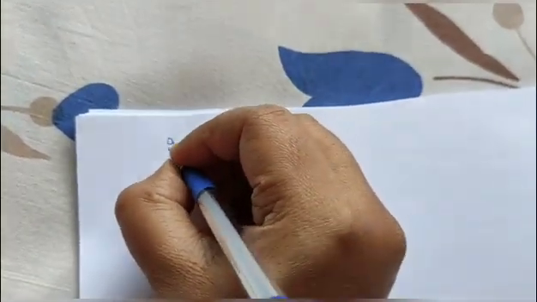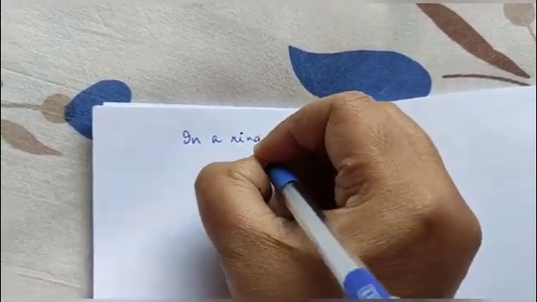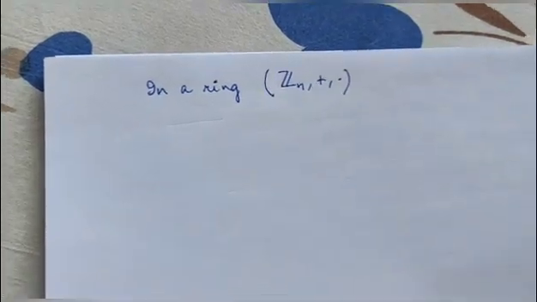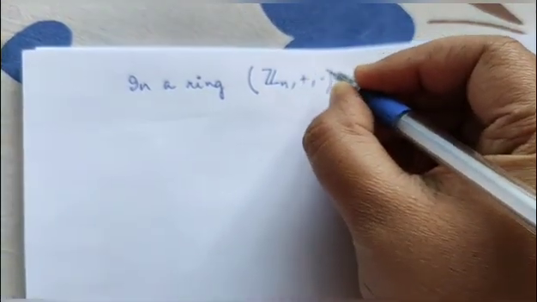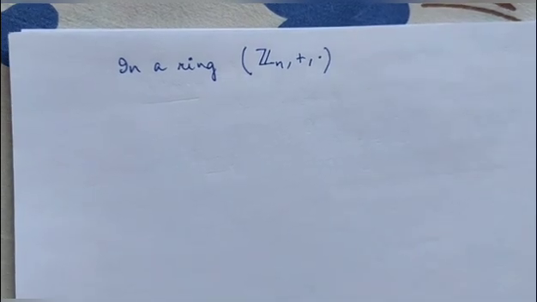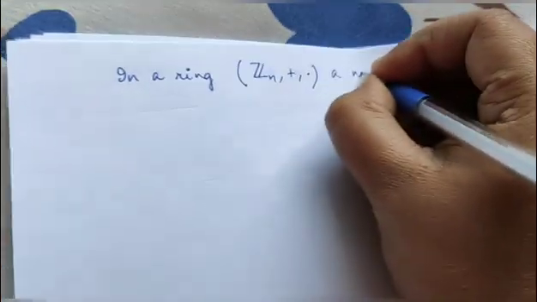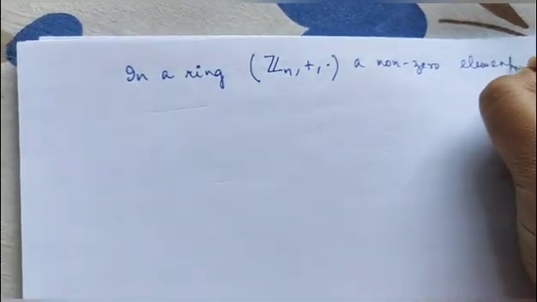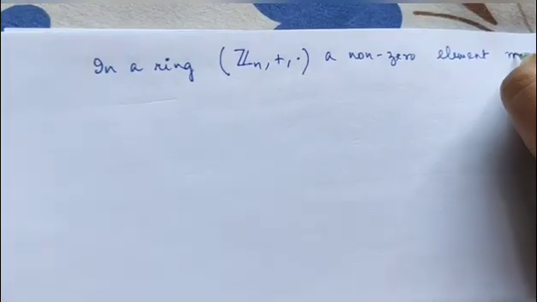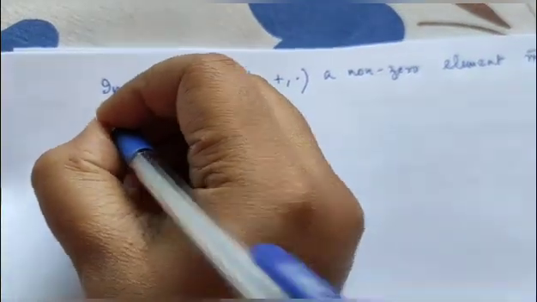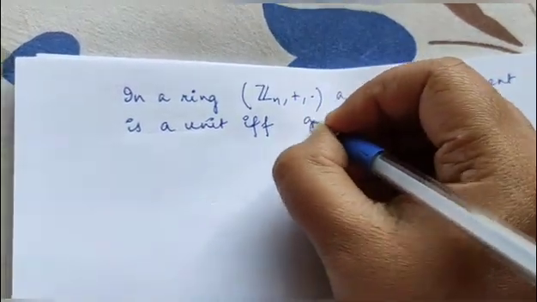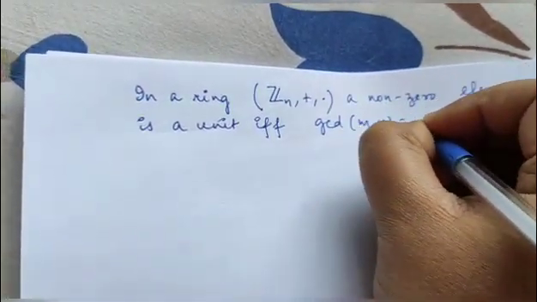Now the result that comes from here is that in a ring Zn, plus, dot, of course class addition and class multiplication referred to as plus and dot, a non-zero element class m is a unit if and only if GCD of m, n equals 1.